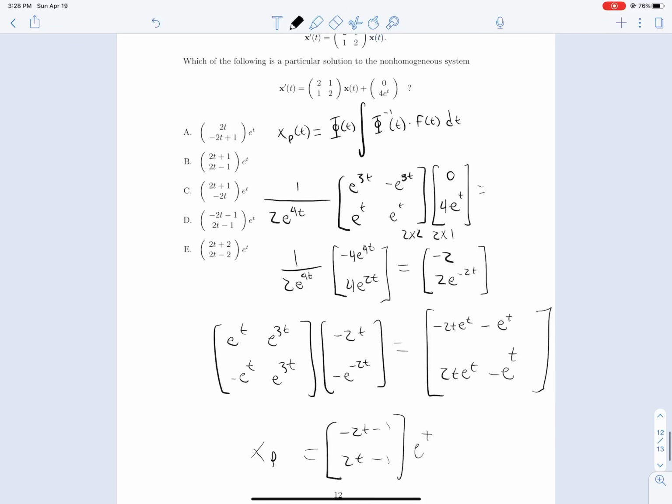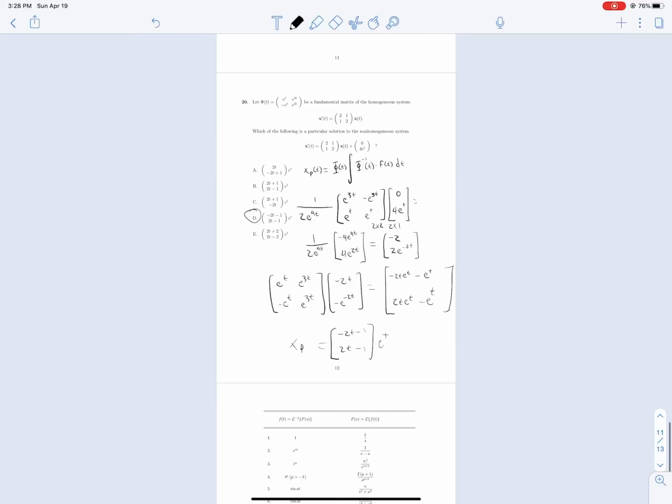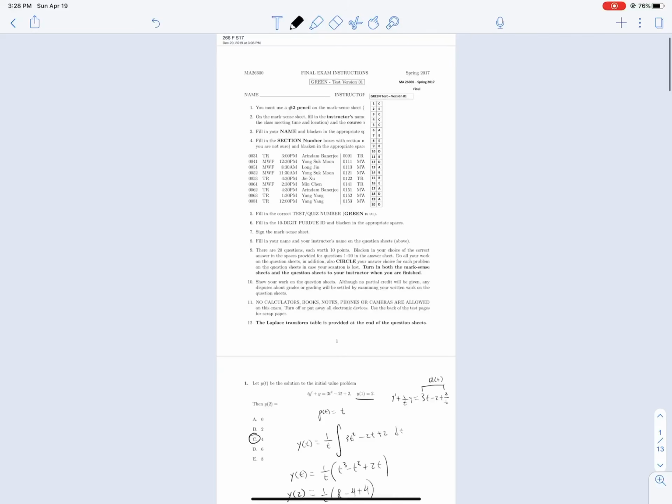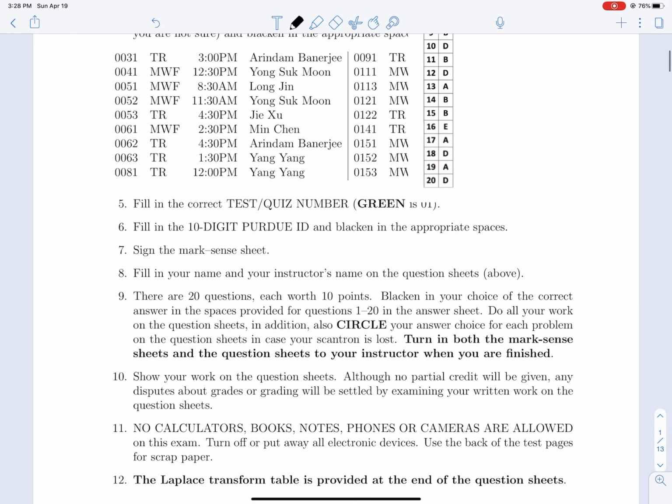So this xp matches up with option D, and we are out of here. Hope this was helpful.